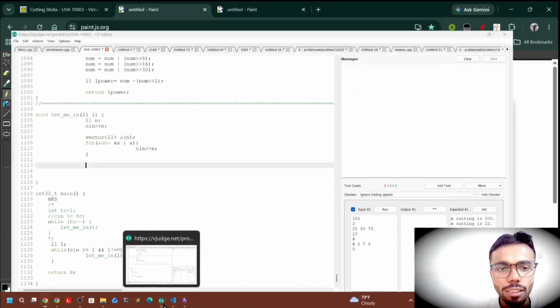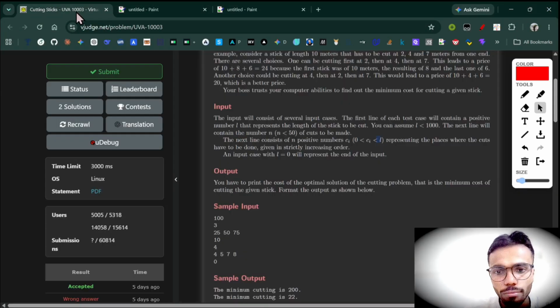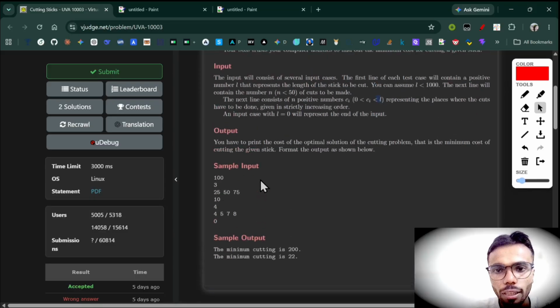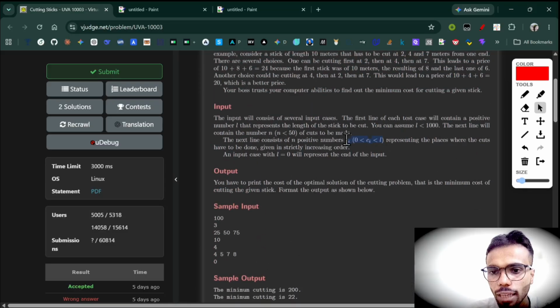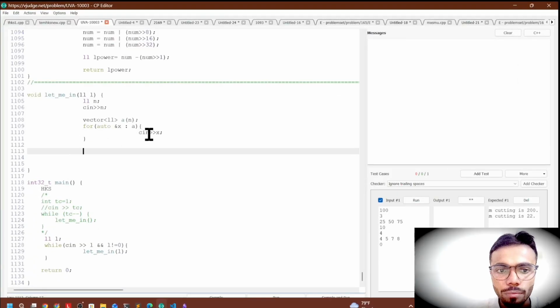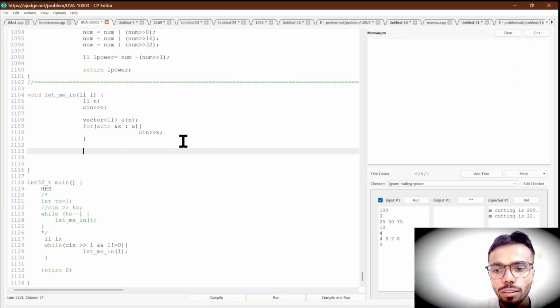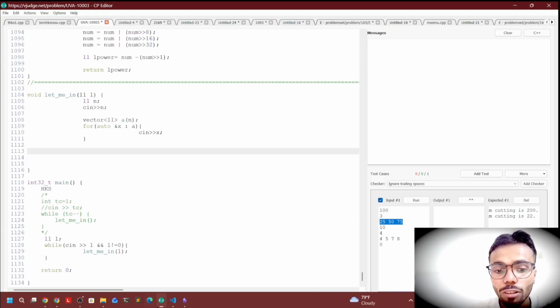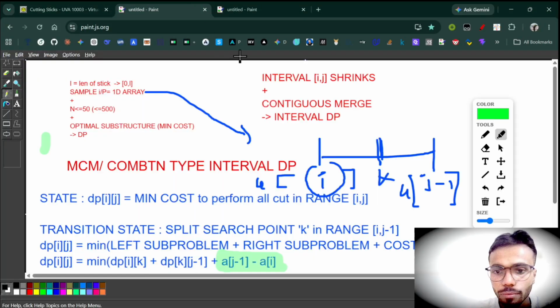Okay, guys, if I look at the question, this Ci is lying between 0 to L, and 0 and L are not included. And if I look at our cost function, it requires this coordinate.